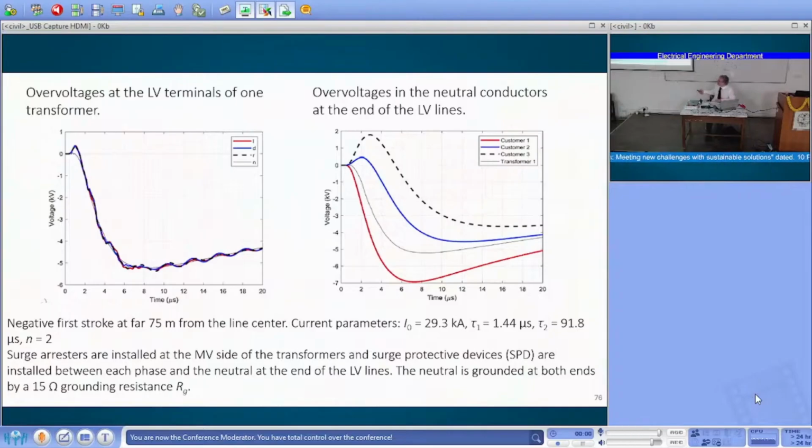So this is the overvoltage in the neutral on the other side of a medium voltage, low voltage transformer that is connected to the medium voltage line in the double circuit. This concludes this part. If you have any question, any idea?